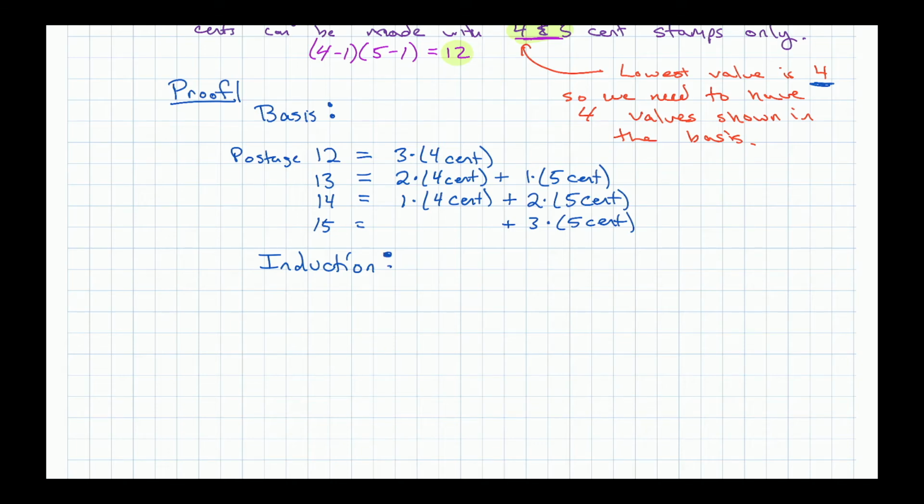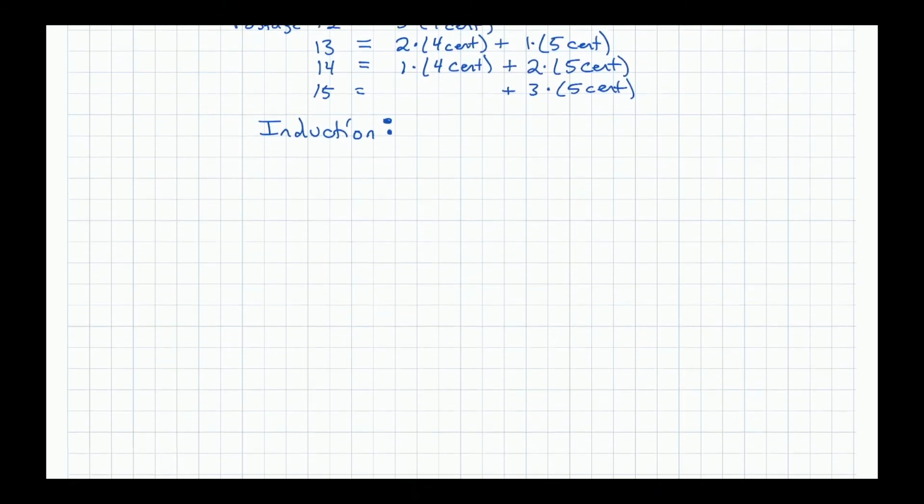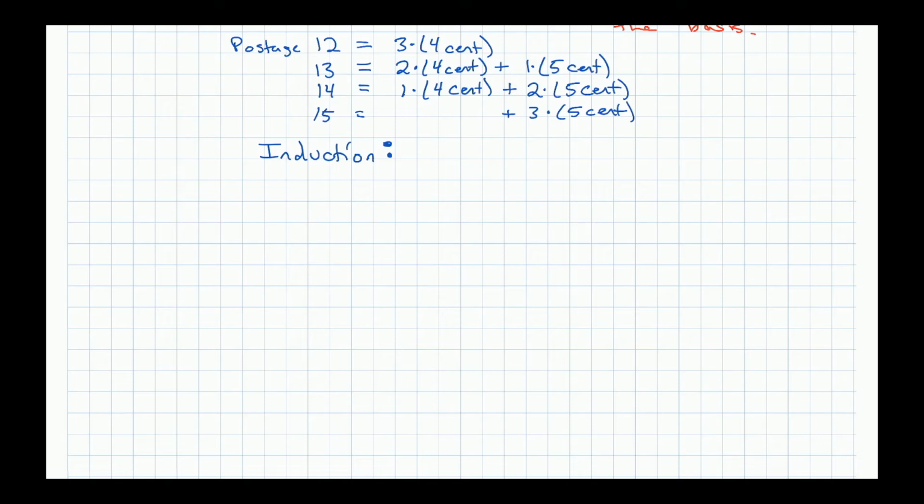So for your induction step, what you're going to do is assume that k plus 1 is going to be at least 16, right? Because we don't need to prove anything about 15 because we've already got 15.